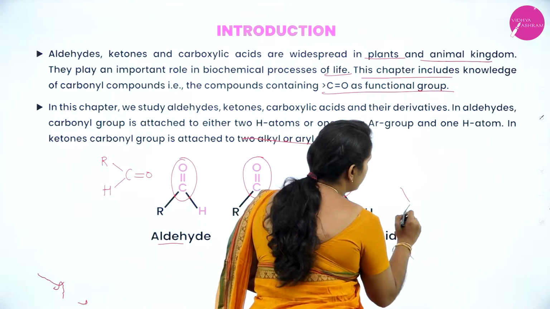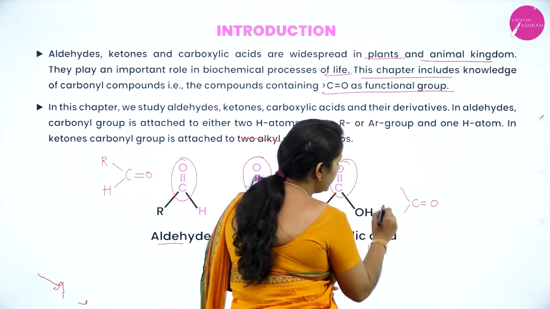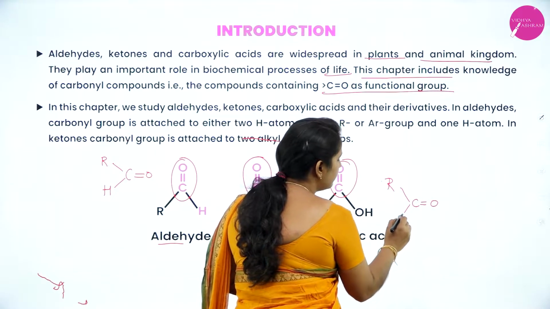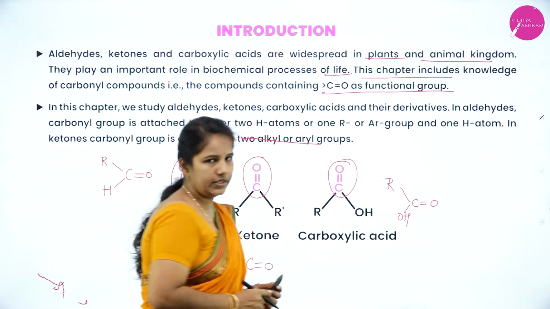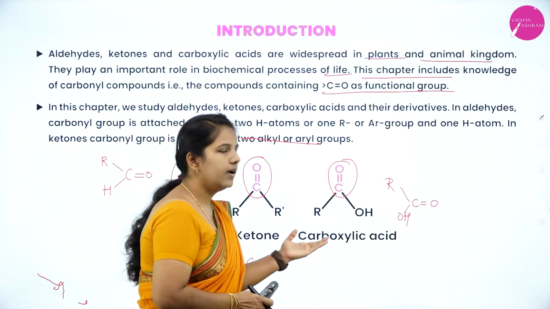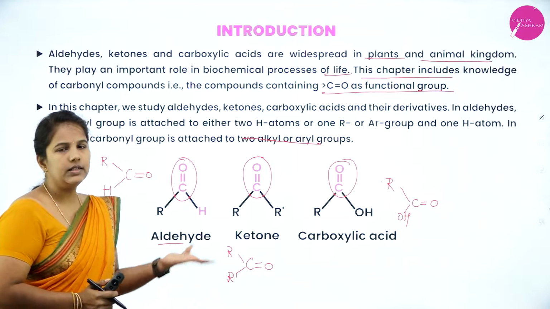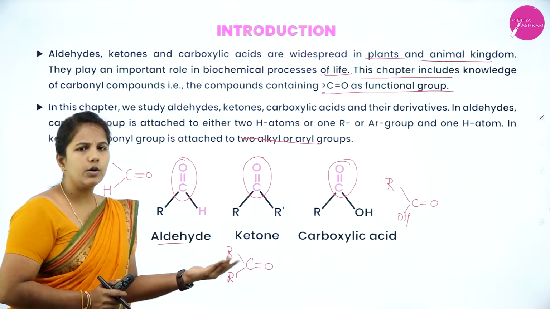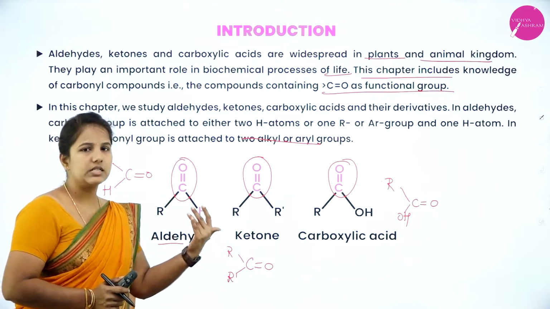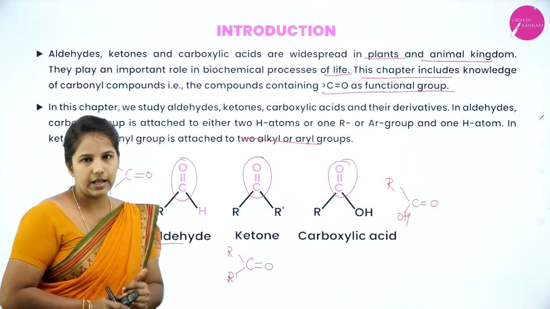If the carbonyl group is bonded to one alkyl group and bonded to an OH group, then it is said to be a carboxylic acid. This is how the carbonyl group is majorly present in aldehydes, ketones and carboxylic acids.